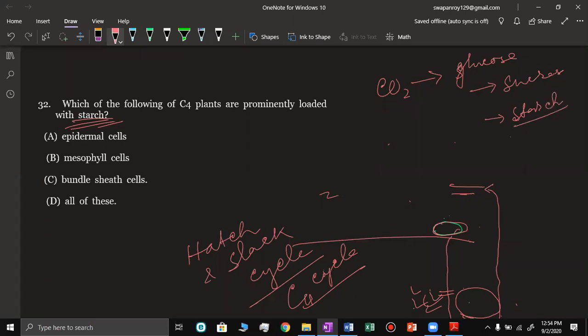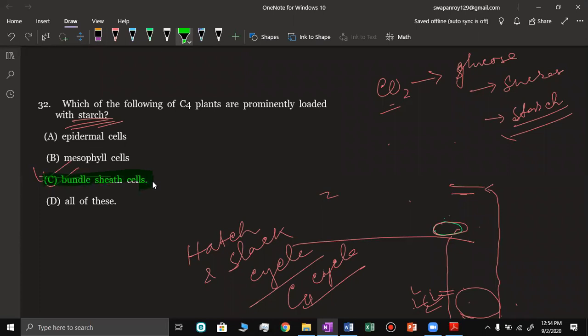Starch is the reserve food. In the C4 plant we will find more starch in the bundle sheath itself.